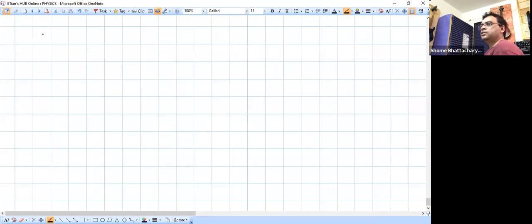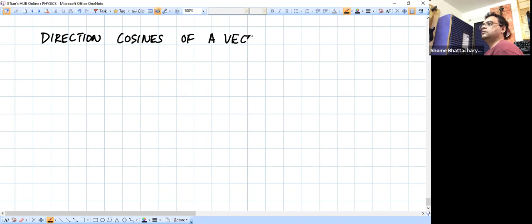So let us understand the concept of direction cosines of a vector. This is part of basically three-dimensional component form.